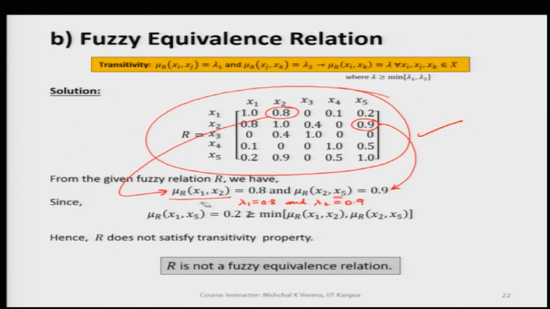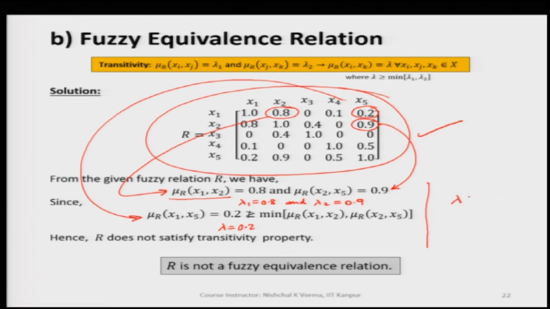So, mu R of x1 and x5, if we see, is nothing but 0.2. So, this is coming out to be 0.2 and this is, let us say, lambda. So, lambda is 0.2. Now let us put the condition of transitivity.